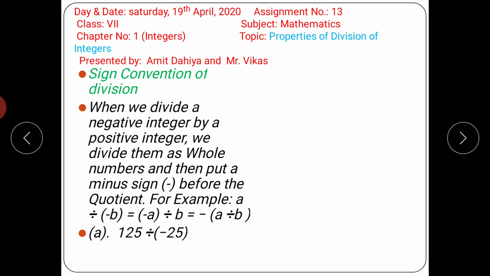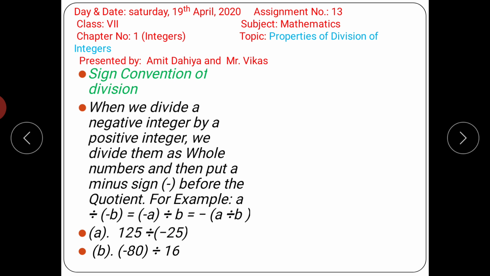Opposite signs are there: 125 is positive and 25 is negative, so divide the whole numbers. 125 divided by 25 is 5, and put the negative sign in front of the quotient. So the answer is minus 5.